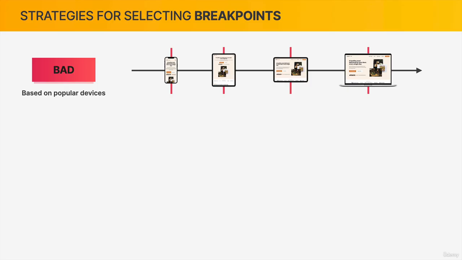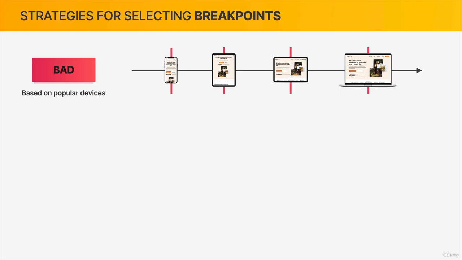And second, and even more important maybe, is that this strategy is an absolute nightmare for maintaining your code and keeping it up to date in the future. Because if tomorrow Apple releases a new phone with new dimensions, do you really want to go back and change all your media queries in all the projects that you have ever built? Well, I don't think so, right? And so that's why we call this the bad strategy, and therefore we need another one.